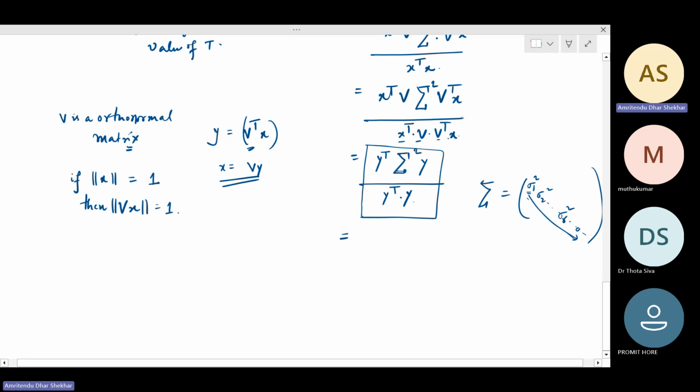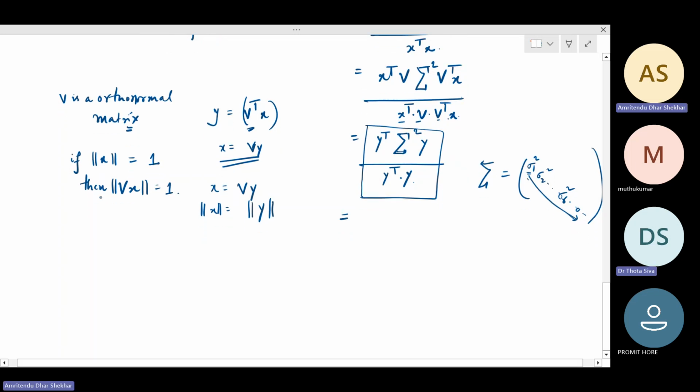This is clear, right? So this y that you're seeing over here, if I write x as equal to v times y, then the norm of x is equal to the norm of y. Norms do not change if you multiply with an orthonormal matrix.